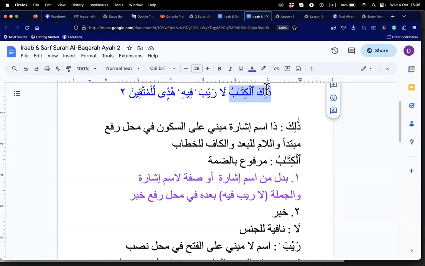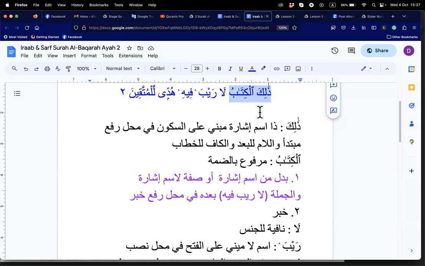But there are two types of that that we're looking at, because the lam that is to show the far, right? It can show far or high above, in terms of distance and in terms of status. So here, when you point to the Quran, basically the book, although it's dhalika, that, we mean it in terms of status, not in terms of distance.